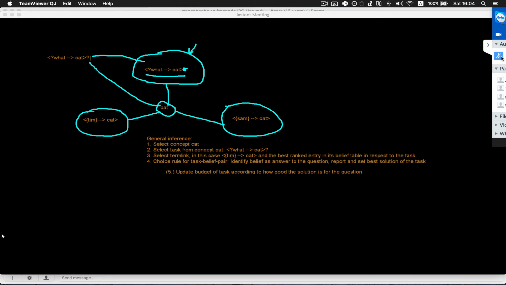That's fine, I just wanted to check I hadn't missed something. So it's an extension to general inference as opposed to part of general inference. It's a bolt on to allow questions to get answered as part of the general inference process. Okay, that makes sense.